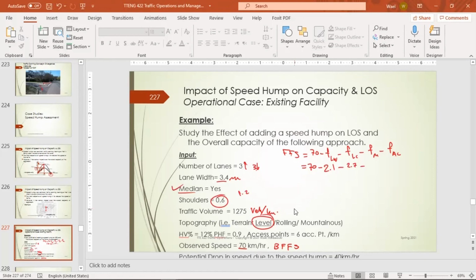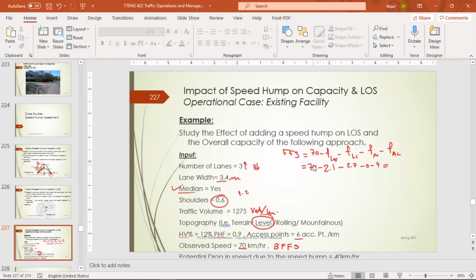Median, we have a median, so there is no reduction factor. Access points, we have 6 access points, so the 6 access points account for minus 4 kilometers per hour.